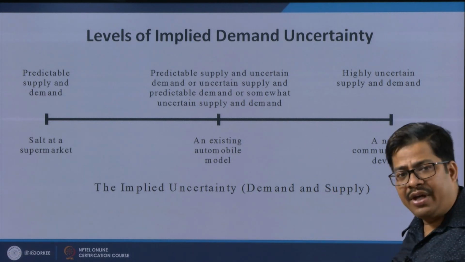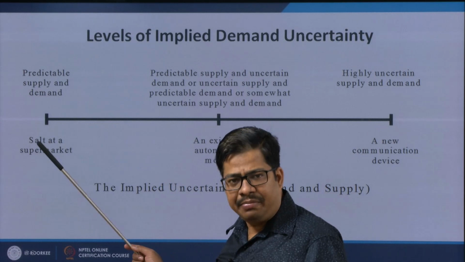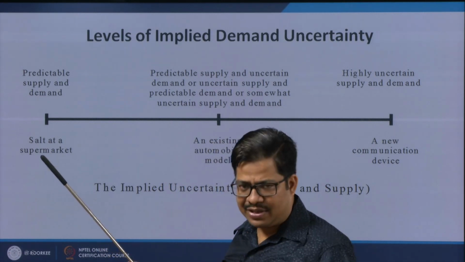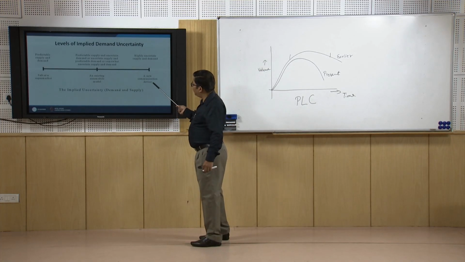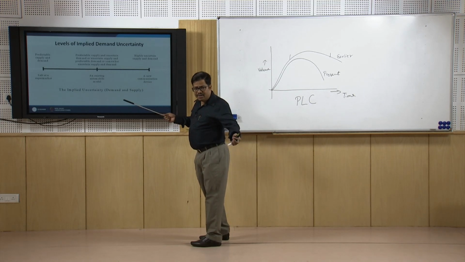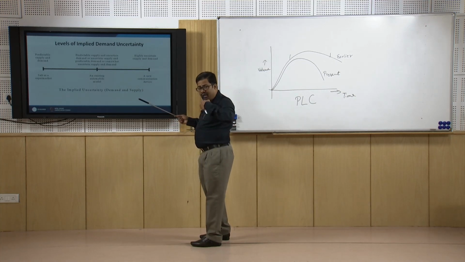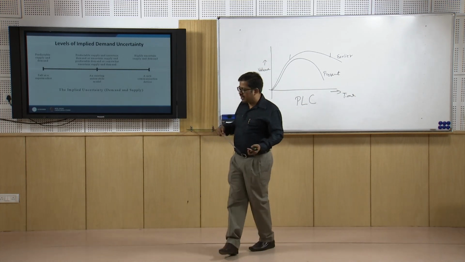So, that product will fit into this place. Where you have very predictable supply and demand, obviously you cannot make huge profits. Where you have very unpredictable situations, either you can make huge profits or you will go down because you are not able to answer the desired level of uncertainties.